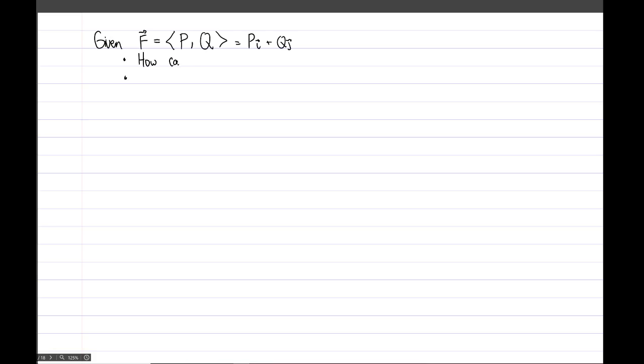One is, how can we find out, or how can we check, if this given vector field is conservative? I think that's an important question on people's minds. And then, if f is known to be conservative, you probably want to know how to find a potential function.